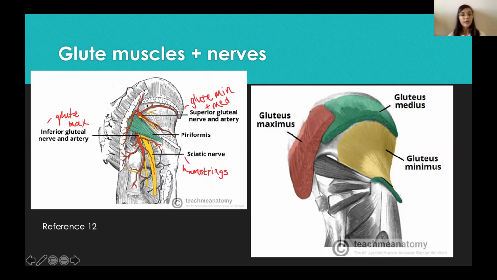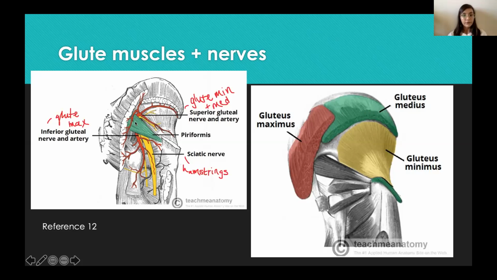And you can see, although it's cut away, you can see it color-coded on the right. You can see that that superior gluteal nerve has branches diving directly into that glute med muscle, which is colored in green here. And it also kind of lies directly on top and goes into that glute min muscle.